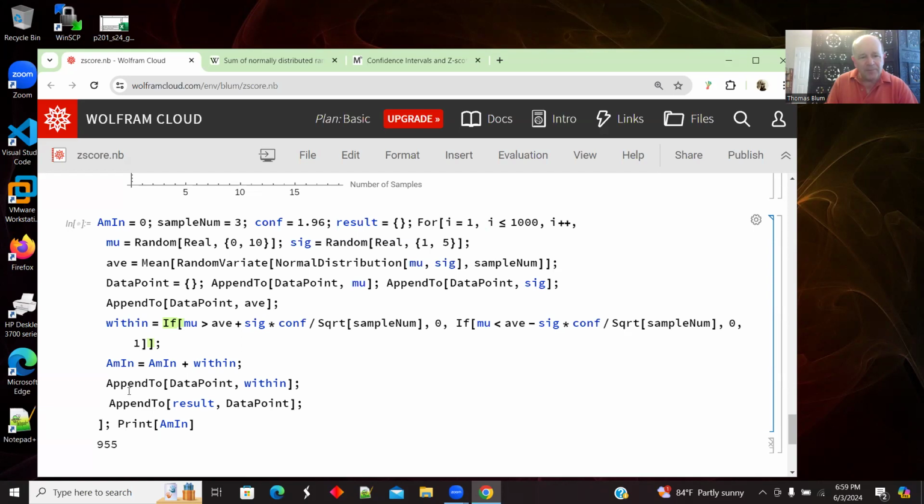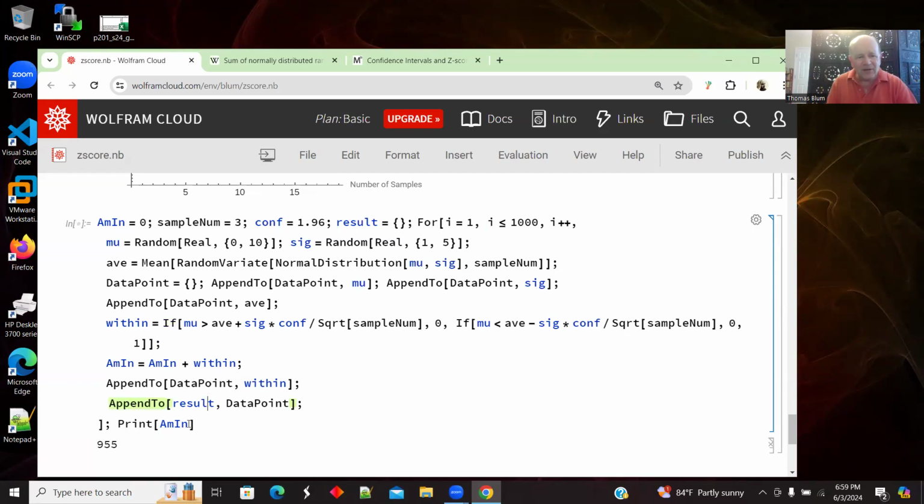And then I'm adding to this data point the within, and then appending all of my data, which was the mu and the sigma and the average, and whether or not it was in the confidence interval. I'm adding them all up into result. And I don't print out result, so you won't see it, but I could.